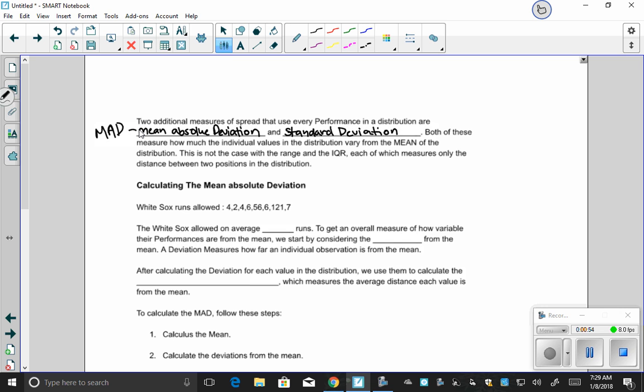Both of these measure how much the individual values in the distribution vary from the mean of the distribution. This is not the case with the range and the IQR, each of which measures only the distance between two positions.